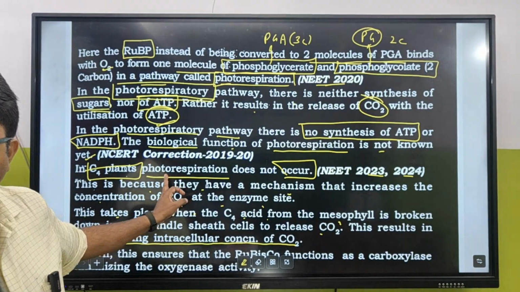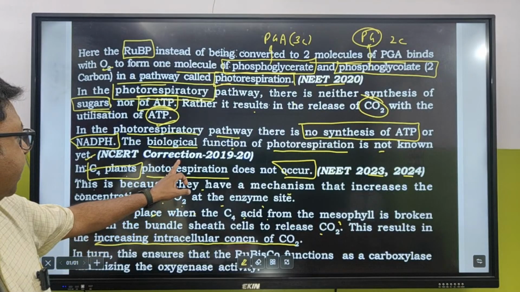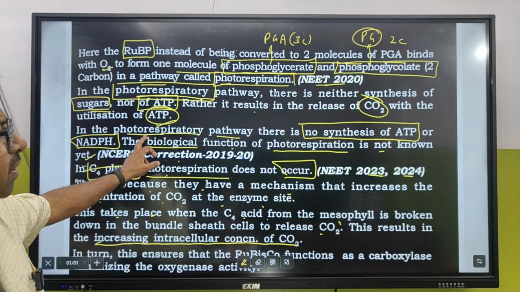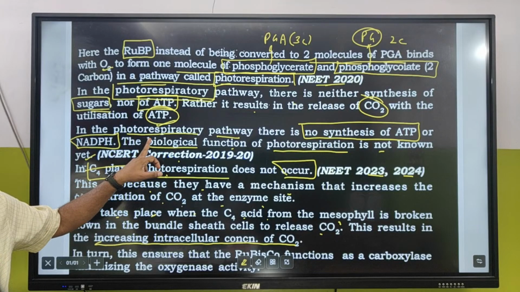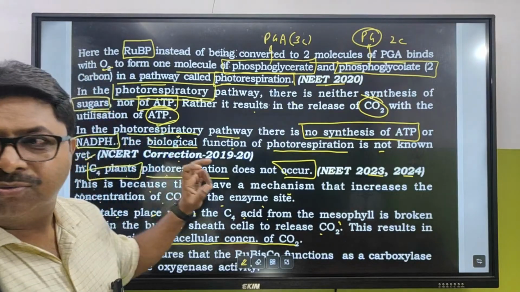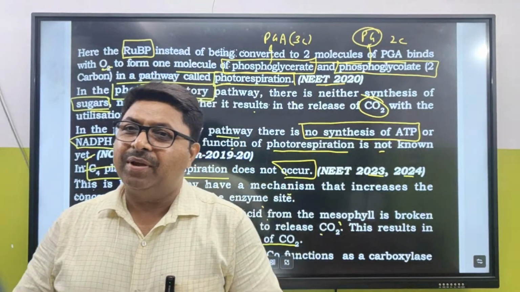Does not occur. হ্যাঁ কি হয়েছে? তার আগে হ্যাঁ নো synthesis of ATP। হ্যাঁ হ্যাঁ in photorespiratory pathway there is no synthesis of ATP or NADPH2। হ্যাঁ বল, ওটা কেন?